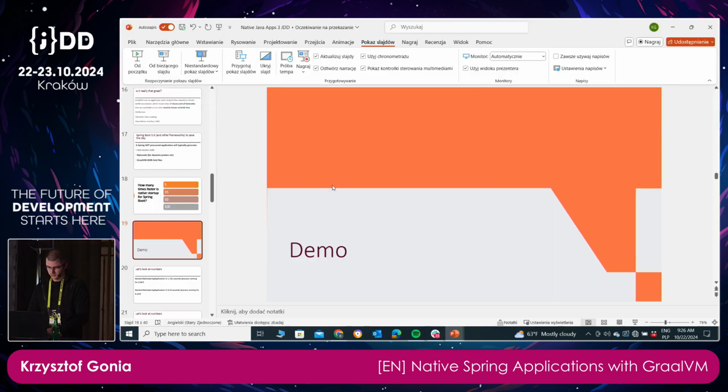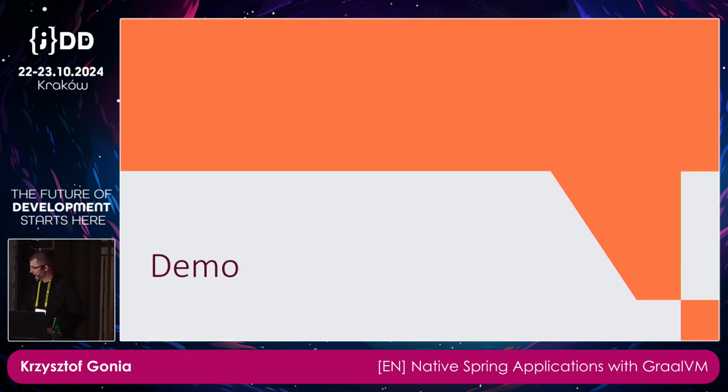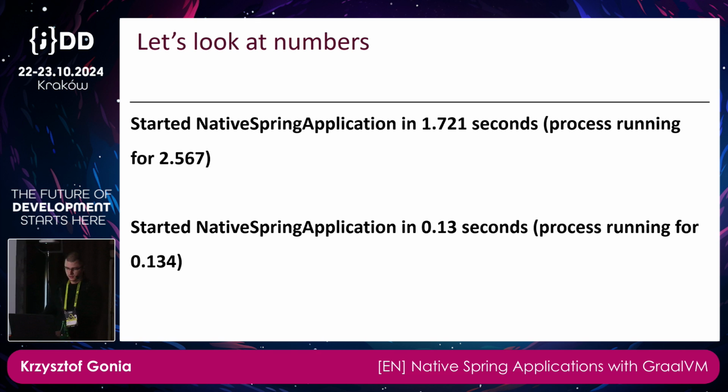Okay, I didn't run the standard jar file with the JVM, but on this machine it starts in around 1.7 seconds. And this is the native start on the Windows version.